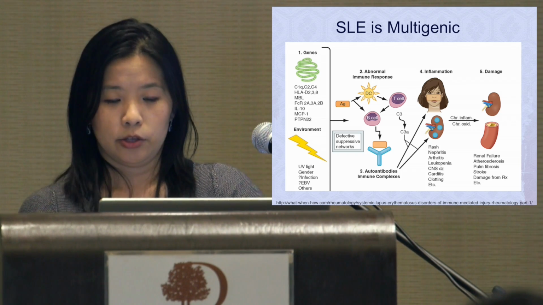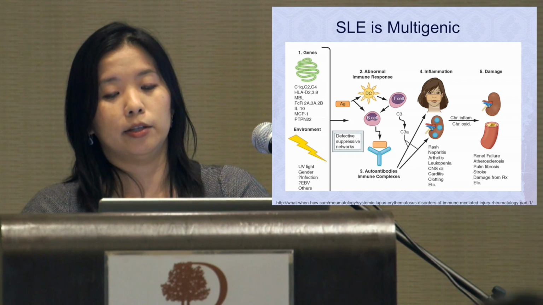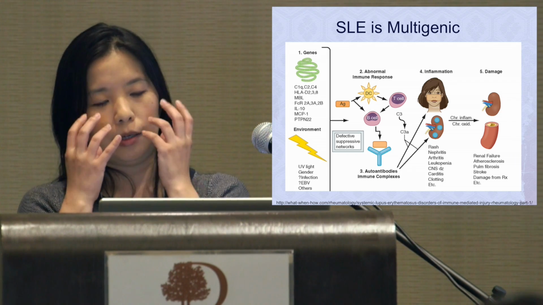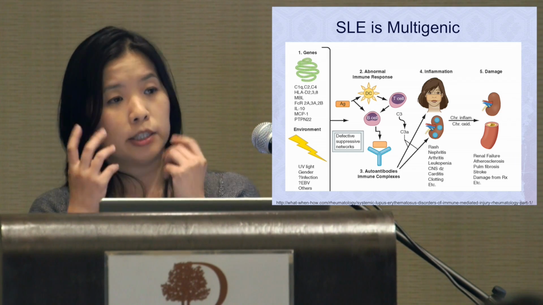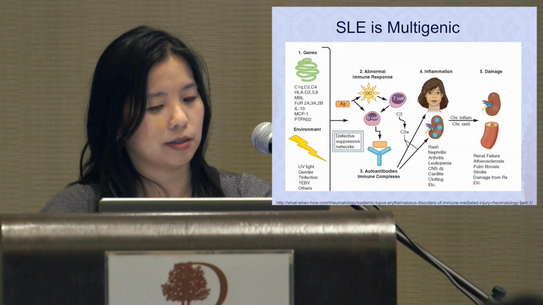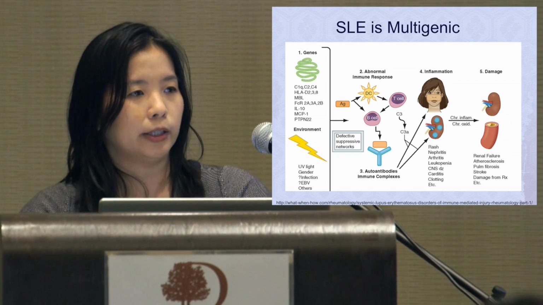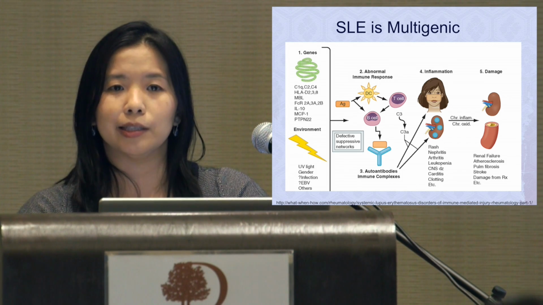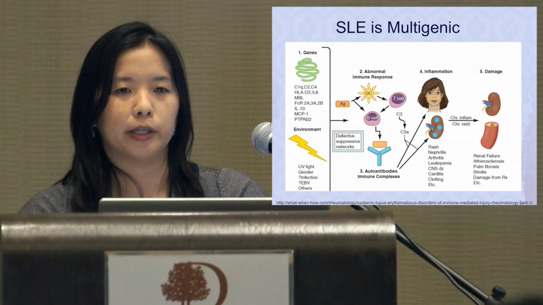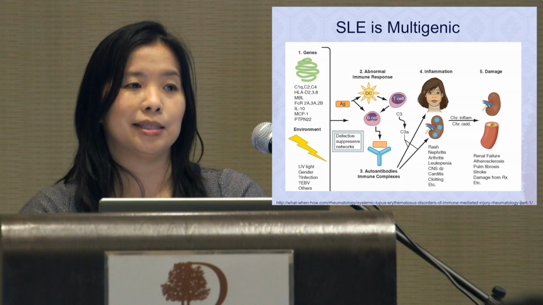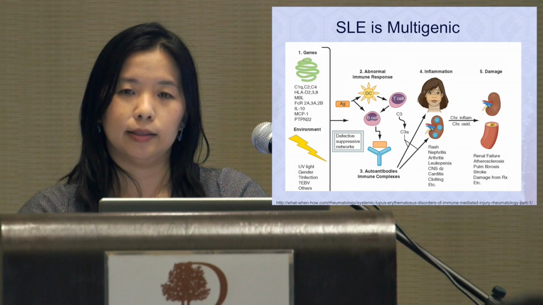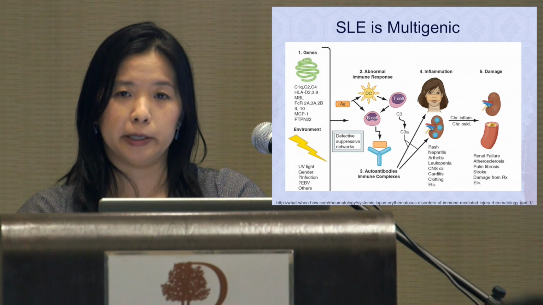So in systemic lupus, early on you get a little flushing and rashes in the face. It can affect your kidneys, lead to renal failure, and cause heart disease. It can affect many different organs because this is what's called systemic rather than tissue specific.